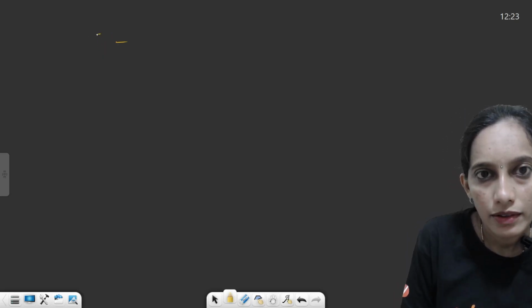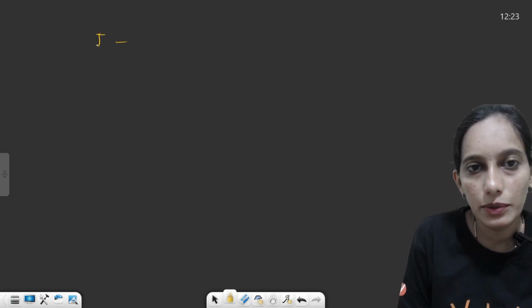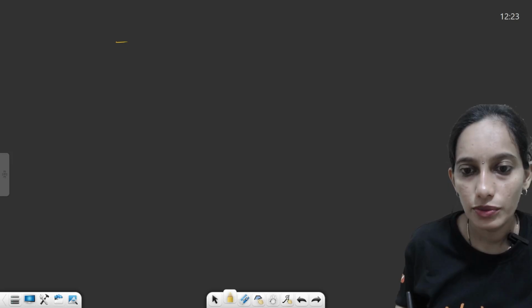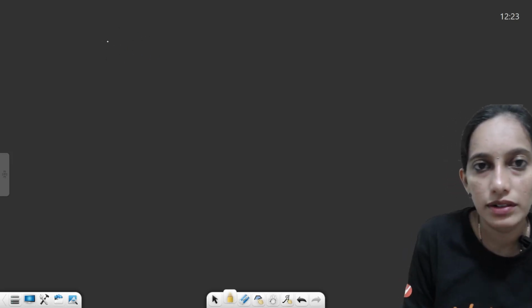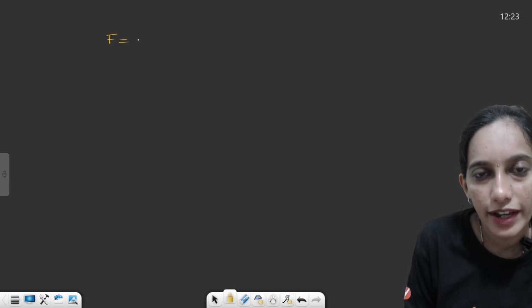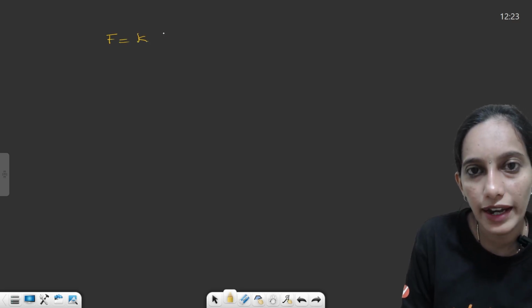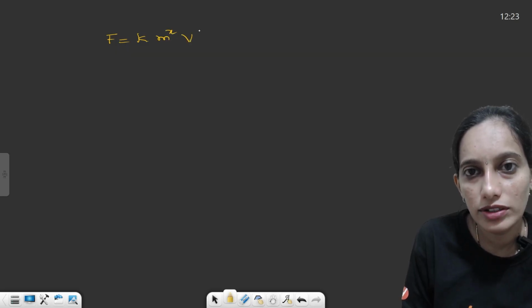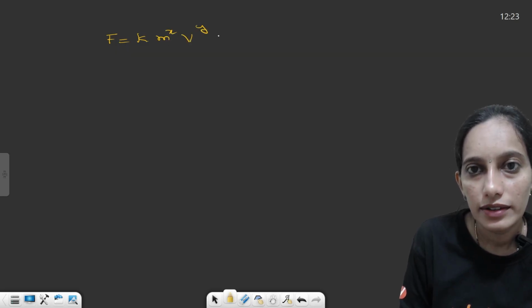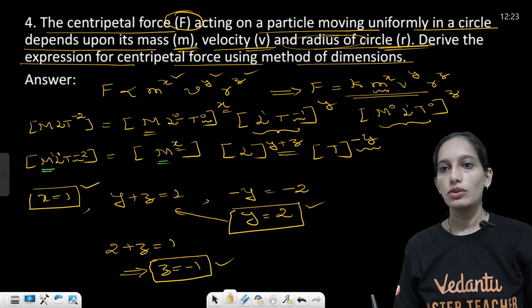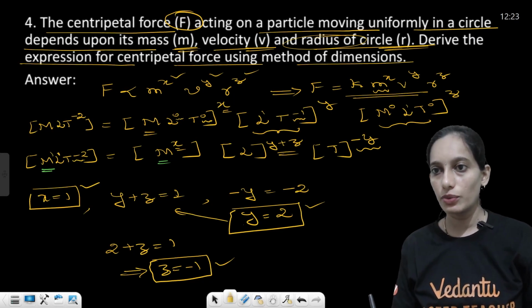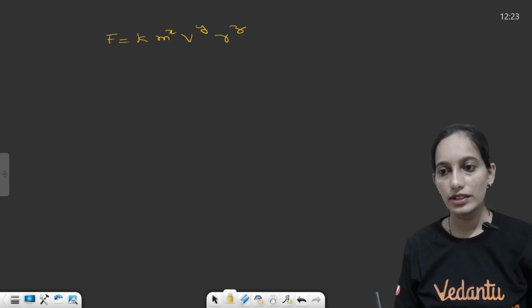When we change the pages, it is fluctuating. Just give me a second. Force F is equal to K into M raised to X, and then we have velocity raised to Y, and then R raised to Z. Correct?